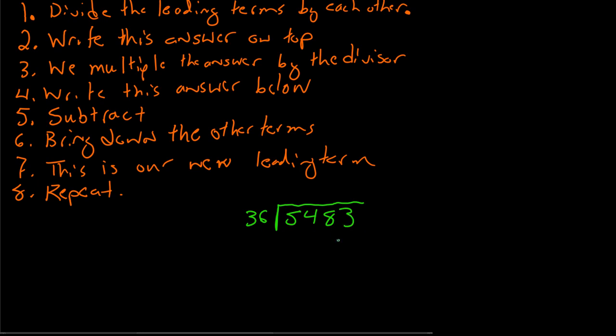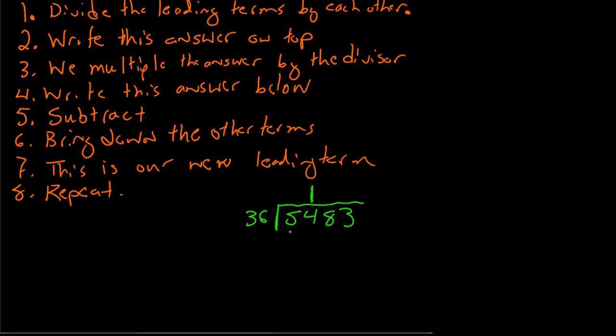What we're going to do is look at how place value determines what we can do. 36 cannot divide into 5, but 36 can go into 54 once. What I'm actually saying is 100 times 36 goes into 5,483, because the place value of this 1 is 100, but I'm just focusing on the place values individually.